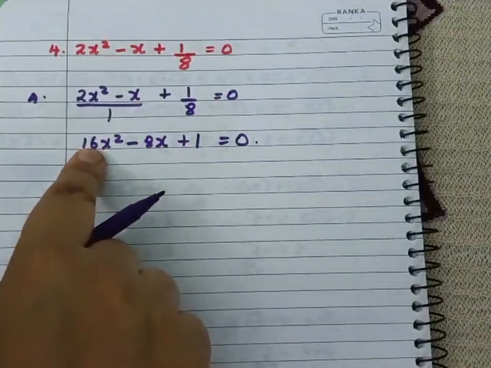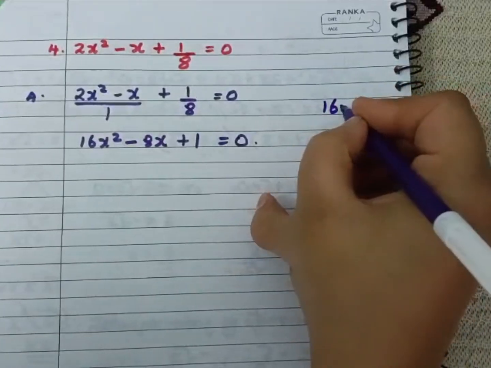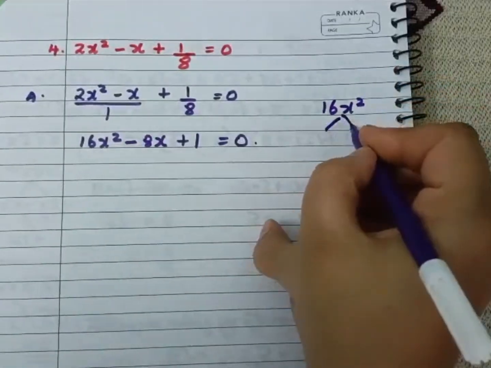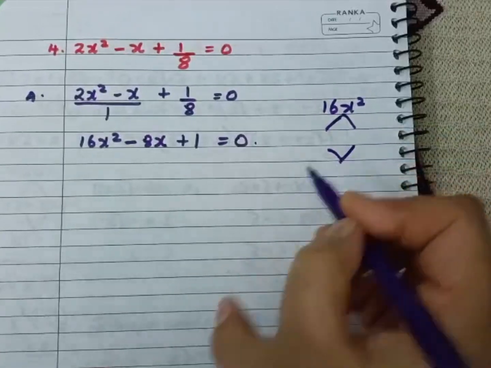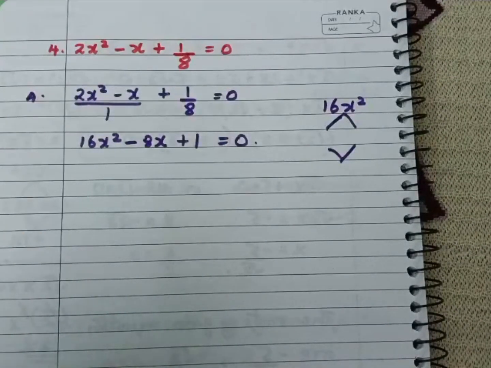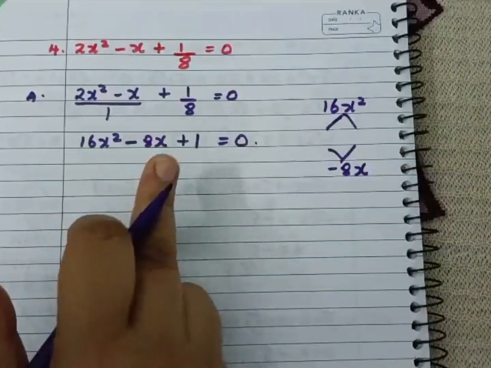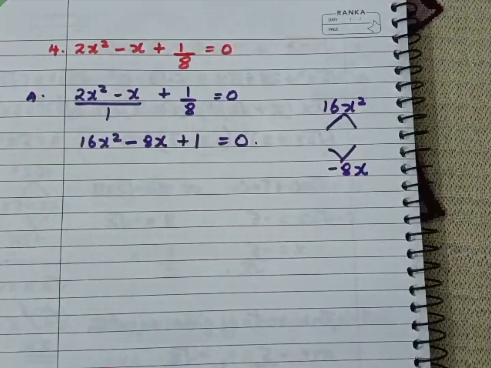Okay, now 16x square into 1 is 16x square. If we multiply, we have to get 16x square. If you add or minus, we have to get minus 8x. Now what we should take now? For 4s are 16. 4 plus 4 is 8.